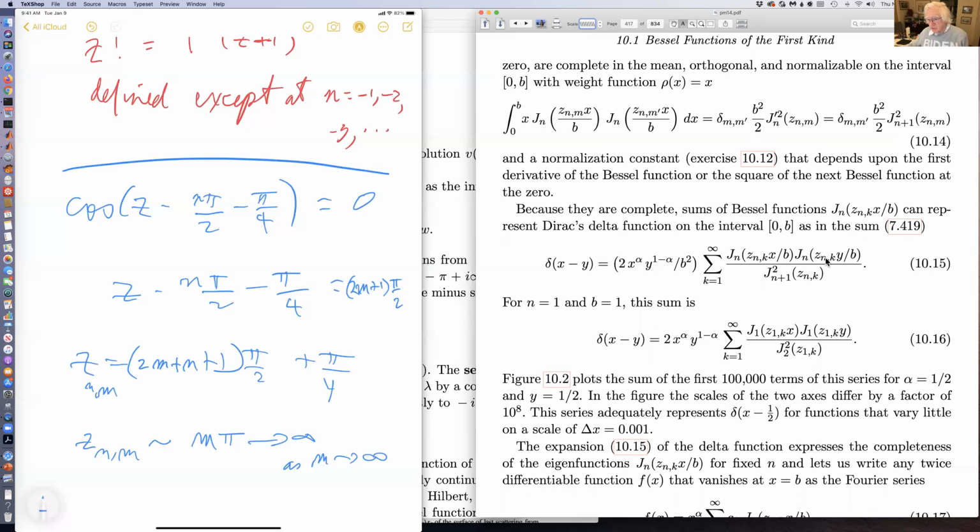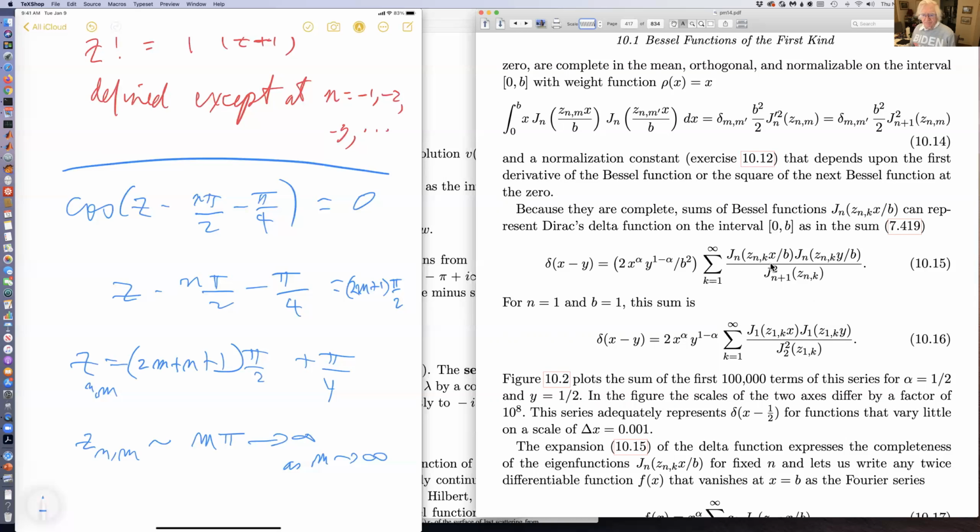Those are really the normalization factors. And so we've got the normalization down here, and then these are J_n, comma k, J_n, comma k, where k goes from 1 to infinity, which is summing here. I'm a little puzzled as to why I didn't use m, but so be it.